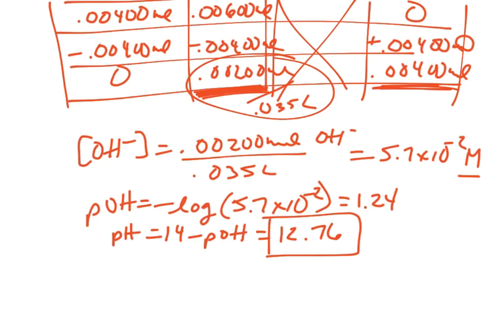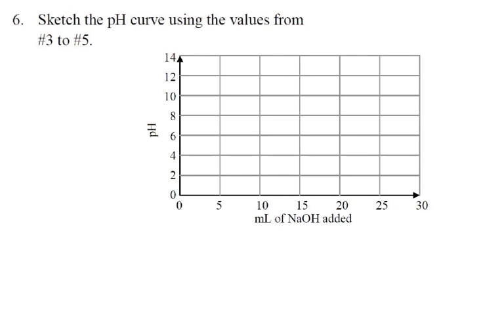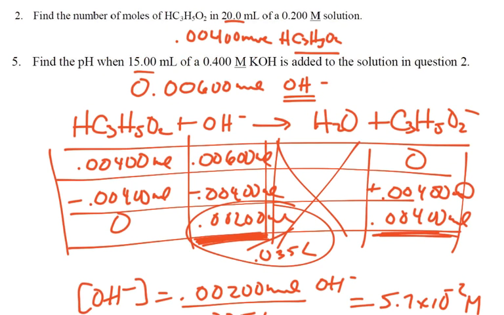Now, I'm going to take all that information, and we want to do our pH curve. Okay, for this we still need one value. We have a number for when we have 5 milliliters, 10 milliliters, 15 milliliters. We really need to do one more and ask, what would be our pH at 0 milliliters? Because our original problem was that we had a 0.2 molar solution of this propanoic acid.